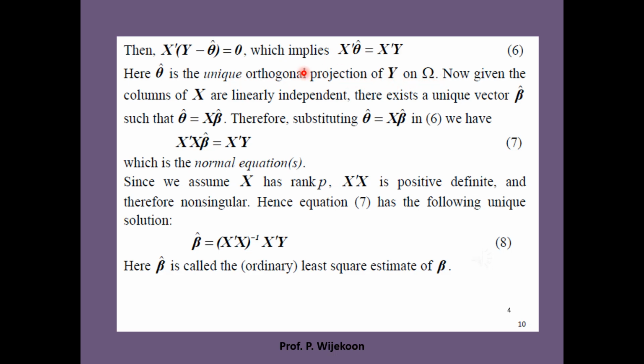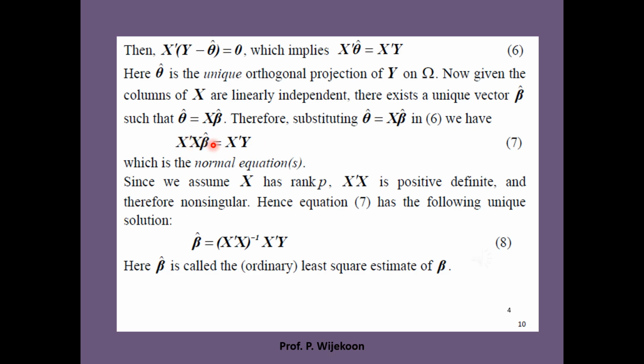Then, X'(y minus theta hat) equals the 0 vector, and that implies X' theta hat equals X'y. Now, by substituting theta hat equals X beta hat, we obtain X'X beta hat equals X'y. This equation is called the normal equation.